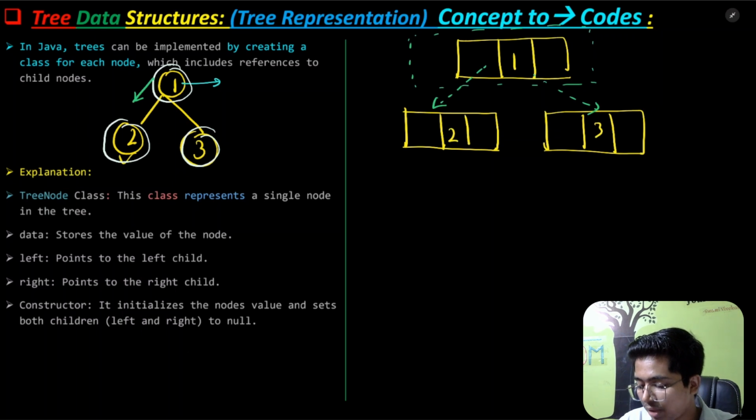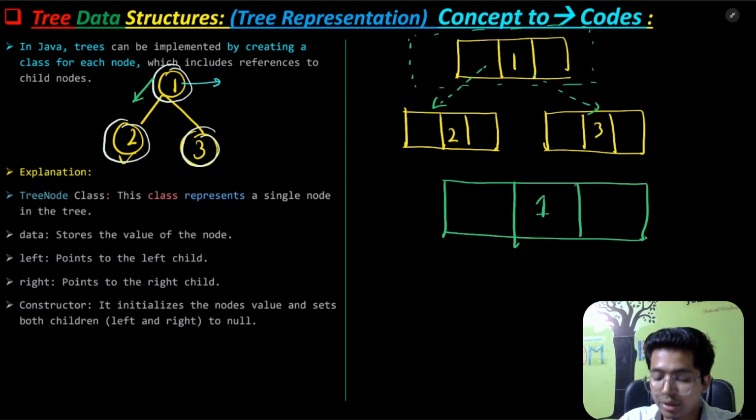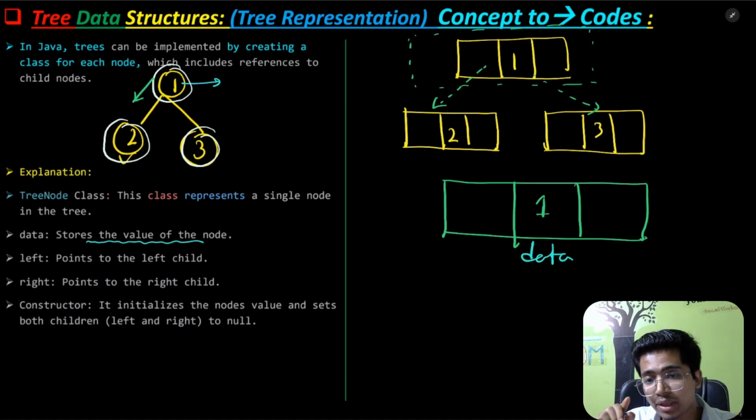Now notice this portion. Let's zoom in on this one. One is stored here. We call this portion the data portion, and by definition it stores the value of the node. Whatever the value of the node is will be stored in this position. This is called the left pointer.